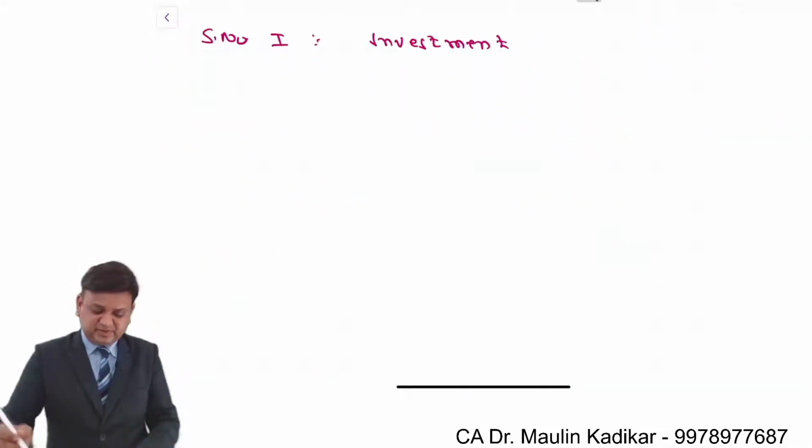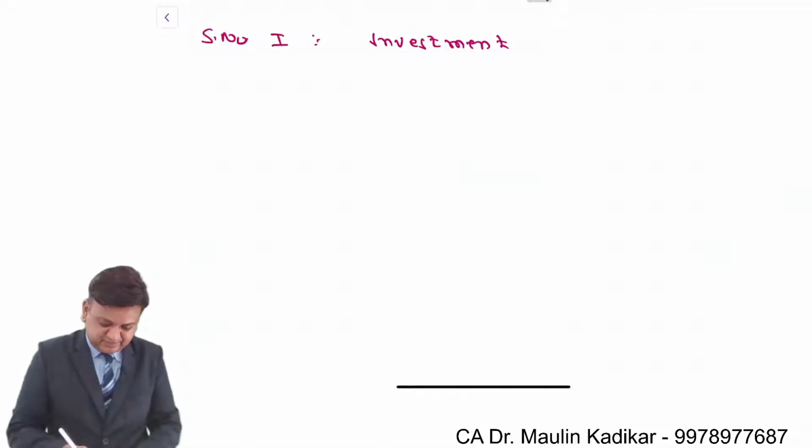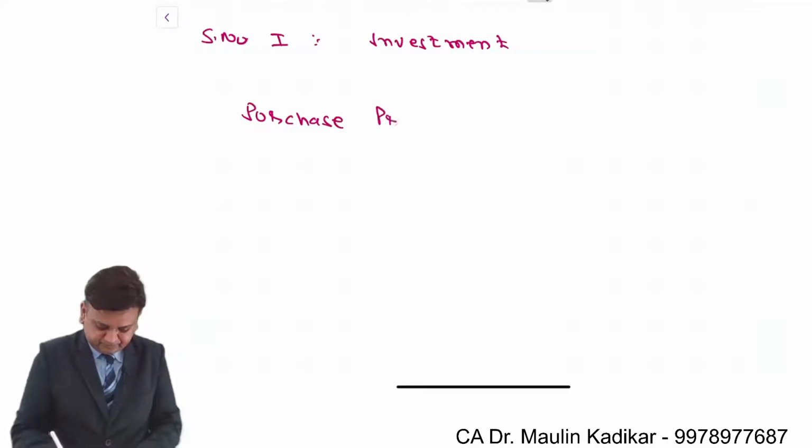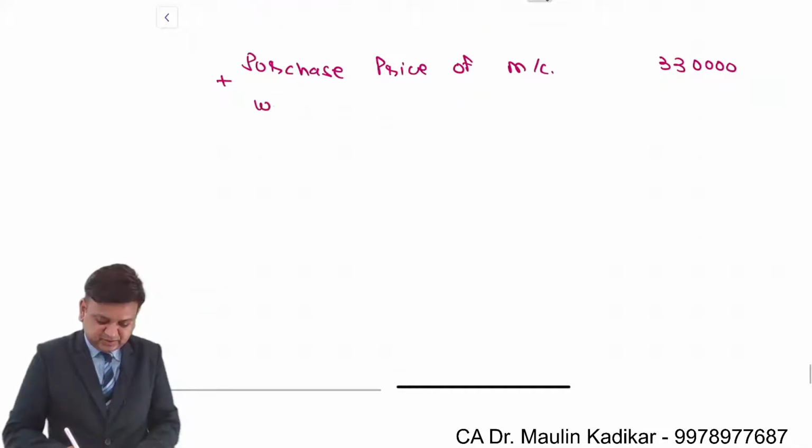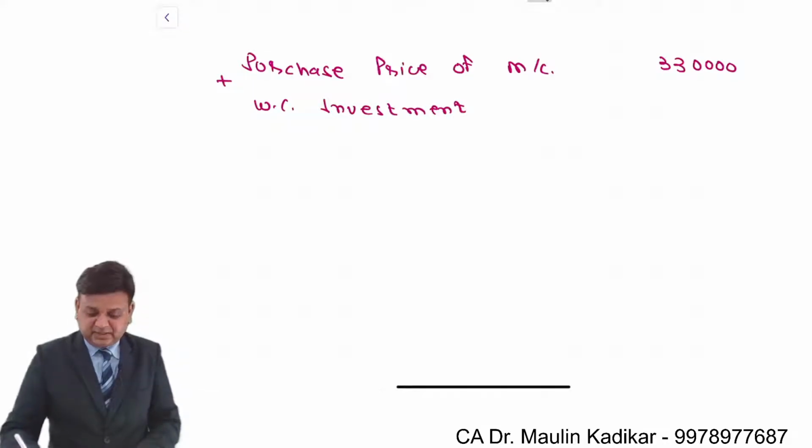So as far as the investment is concerned, we will have the purchase price of machinery, that is an amount of 3,30,000, plus working capital investment, which is 25,000.